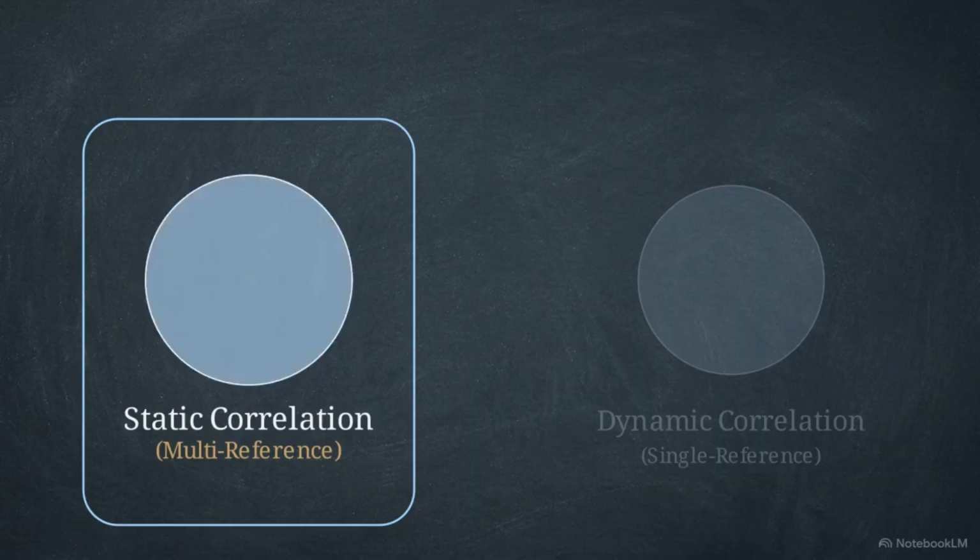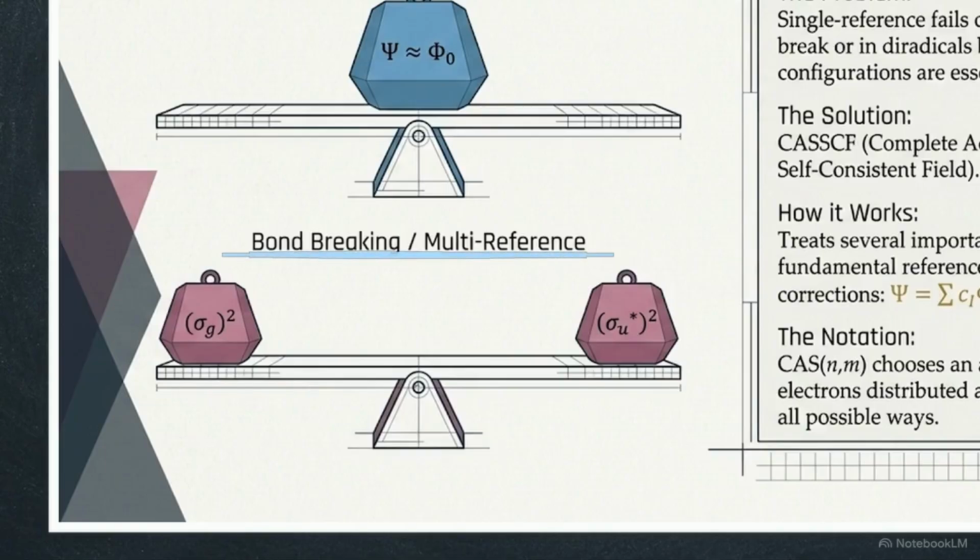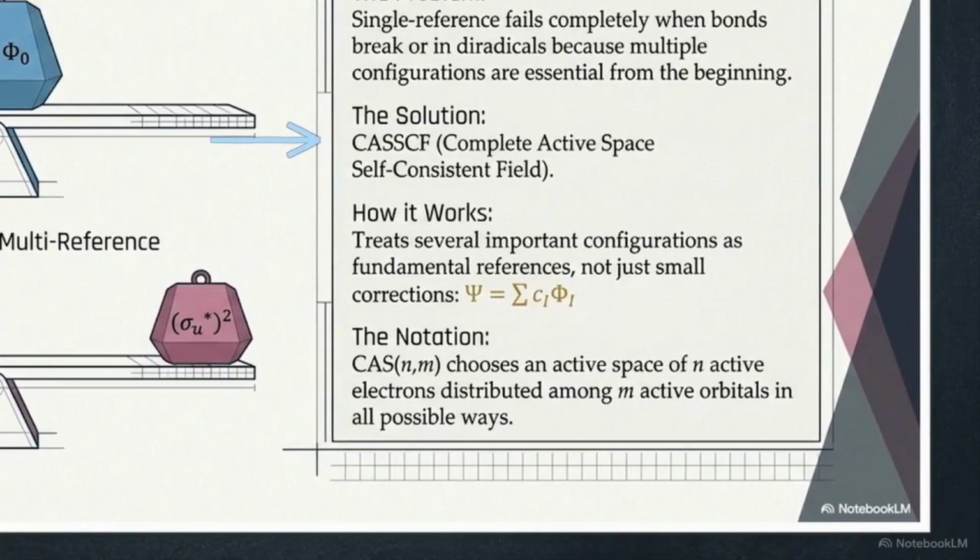This scale demonstrates a breaking chemical bond. As it stretches, bonding and antibonding configurations become equally important. The solution is CASSCF. It selects an active space of essential orbitals and distributes the active electrons among them in all possible ways. With static correlation solved, we pivot back to dynamic correlation.